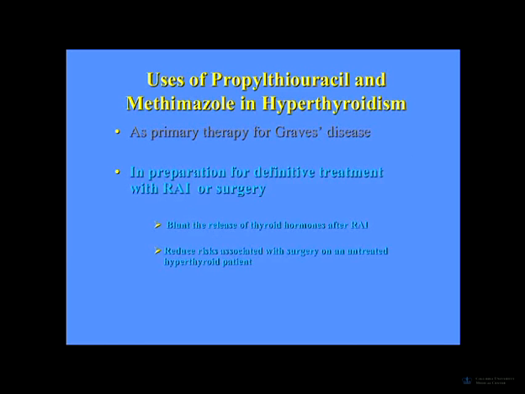The pre-treatment with thioureas also reduces the risk associated with surgery on an untreated hyperthyroid patient. Manipulating the thyroid gland releases thyroid hormone. And so a patient who goes to surgery is pre-treated with thioureas to reduce the amount of preformed hormone in the gland and reduce the release into the circulation.